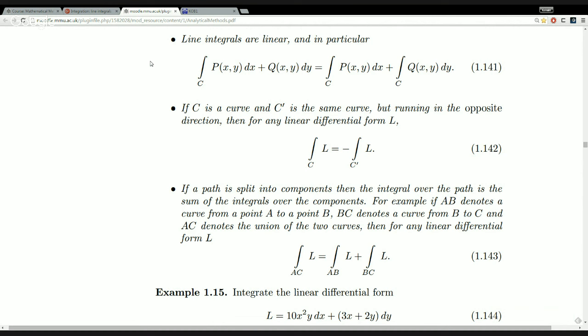And we'll be looking at an example of that. Now we can split it up into one separate object where we integrate from A to B, just along the same curve, and then separately integrate from B to C, integrating L, but still along the same curve. And then we can simply add together those integrals to get the original integral. So that's very similar to compare with the one-dimensional property.